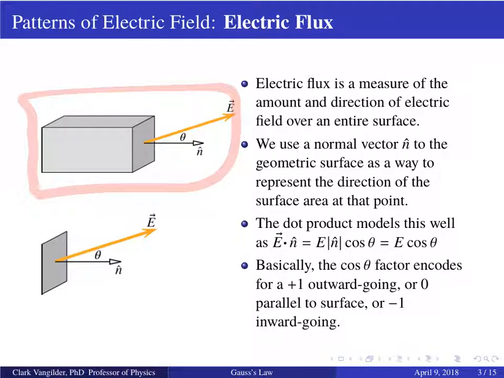So this n hat vector is perpendicular to the surface on this side of the aisle. And what we're going to do, and it will make more sense in a minute, is treat the surface area as a vector.